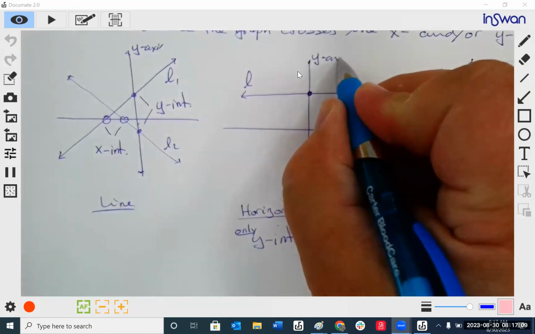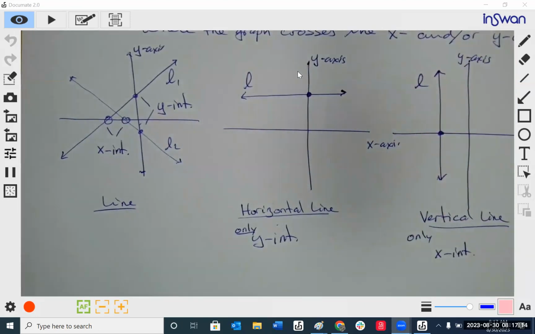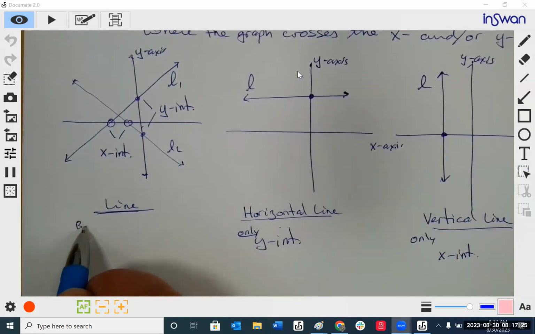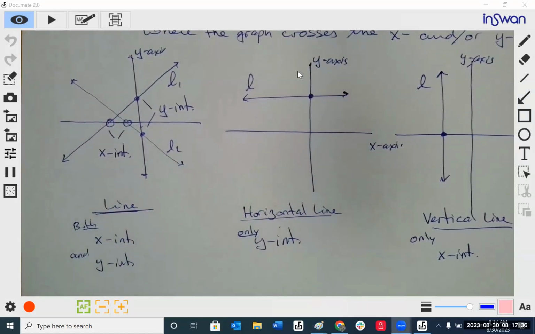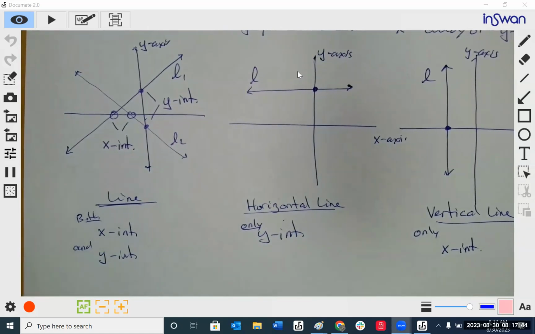This is the y-axis. Does it make sense so far? So if it's a horizontal line, you have a y-intercept, or a vertical line, you have an x-intercept. This one you have both. Any other line has an x-intercept and a y-intercept. Because this is going to be important when we start talking about equations of lines as well.